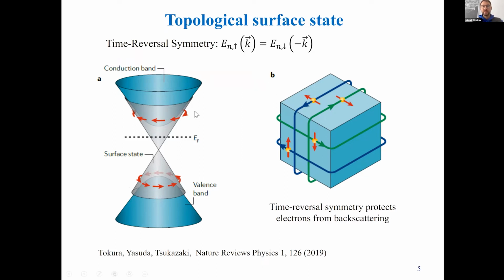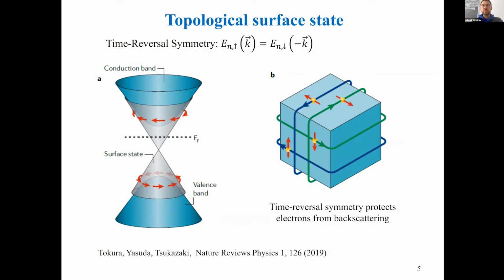So basically, the electron of the topological surface state propagates with only one momentum, and it cannot backscatter. You can see here this sketch, which is typically shown to illustrate how the electrons of the TSS move. This immediately hints at some applications in dissipation-less transport, because electrons do not backscatter.